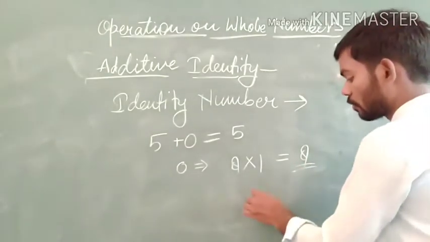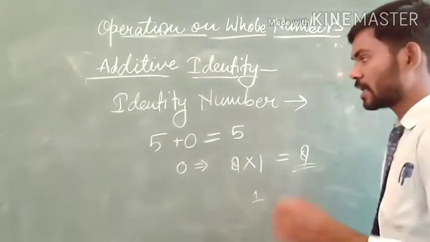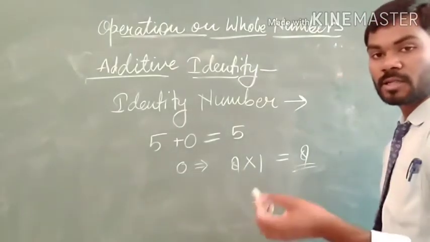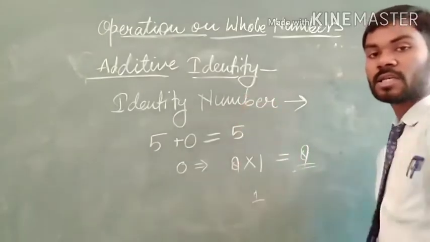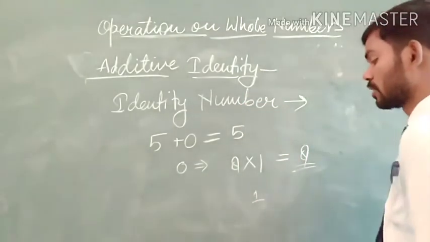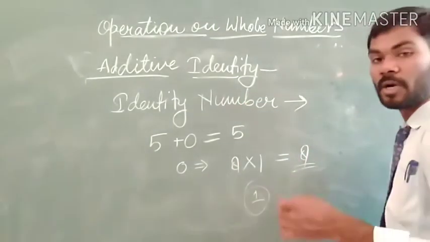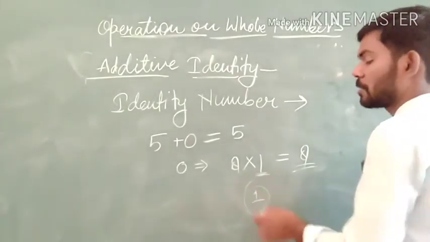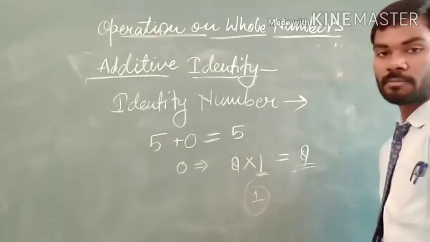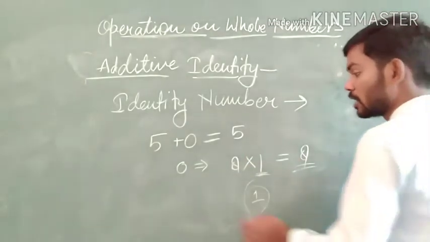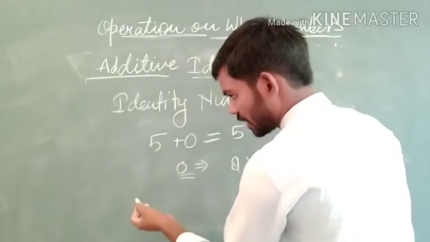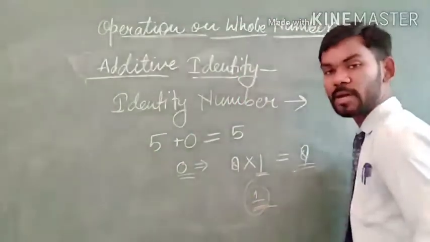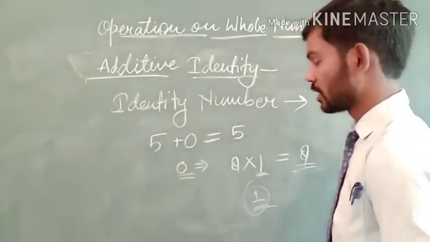Therefore, 1 is called an identity number which when multiplied by a given number leaves its value unchanged. Therefore, 1 is called the multiplicative identity because here 1 is multiplied by a given number. So 0 is known as the additive identity for every number and 1 is called the multiplicative identity for any number.